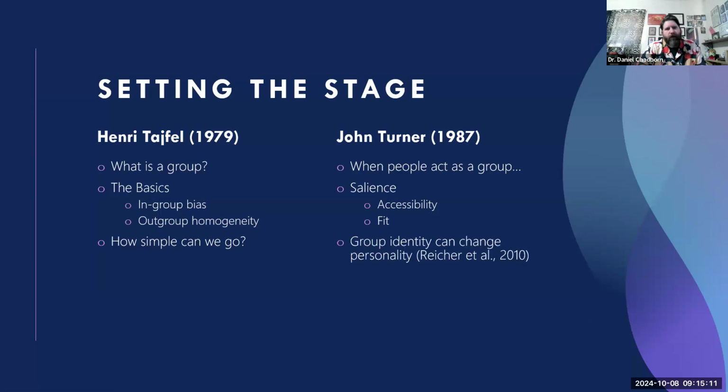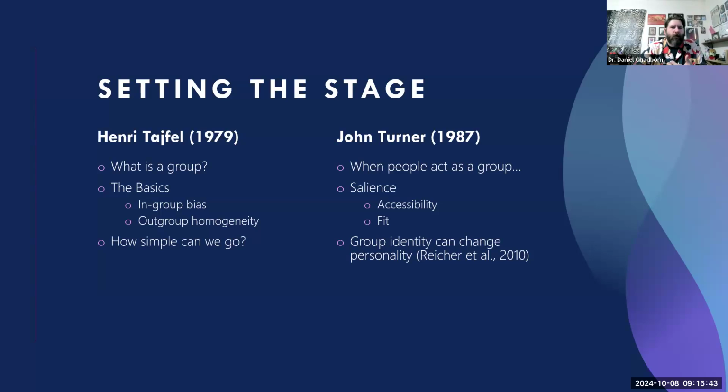And what we know is that when groups are made salient, this can affect the individual in sort of interesting ways. I guess for me it's interesting, to see the power of group identity. Reicher et al. defined in a series of studies that we can manipulate personality through salient groups, in particular neuroticism, the level of emotional stability or instability.